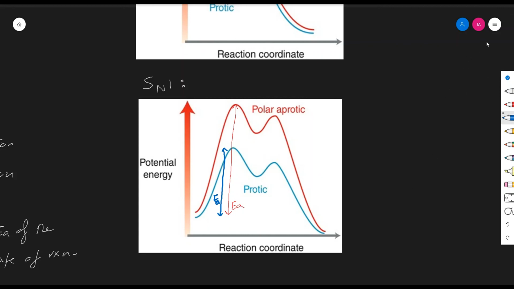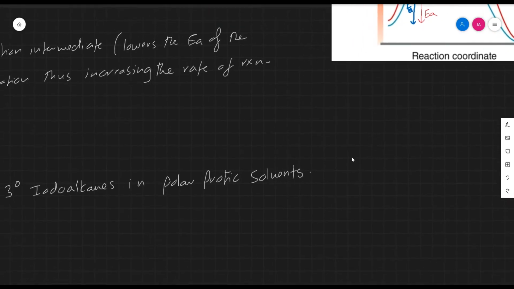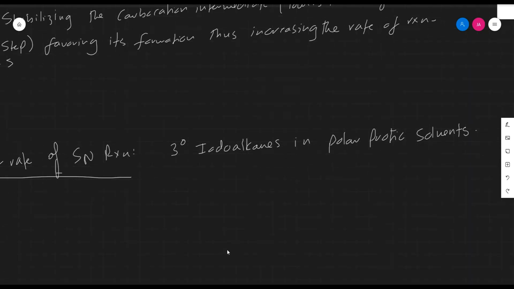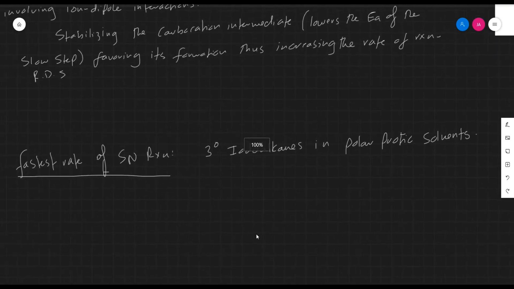I would guess at this point this should cover all the factors affecting rates of nucleophilic substitution, but I've noted here that from what we learned so far, the fastest rate of nucleophilic substitution reaction would be with a tertiary halogenoalkane, since it undergoes an SN1 mechanism, forming a carbocation intermediate, which has a lower activation energy than the transition state, and choosing an iodoalkane, or a halogenoalkane containing iodine, since the carbon-halogen bond length would be longer.